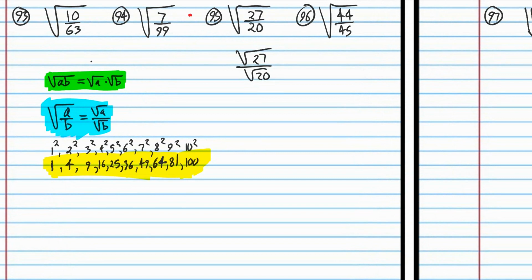And so we usually pull out the perfect square, but we're going to have to pull out perfect squares in both the numerator and the denominator.